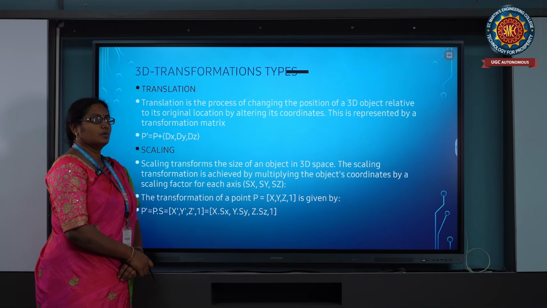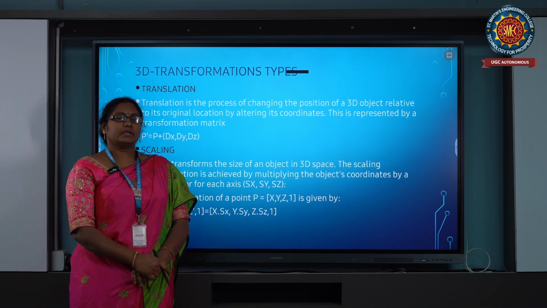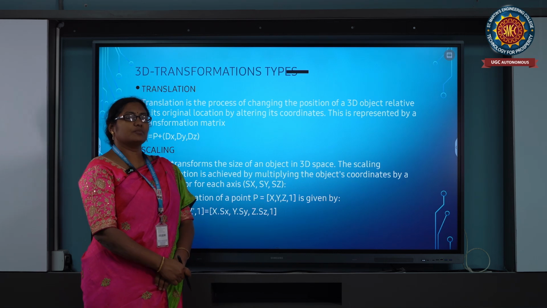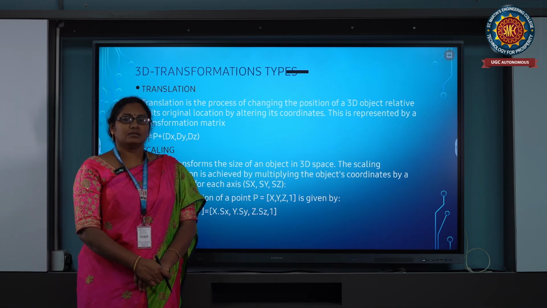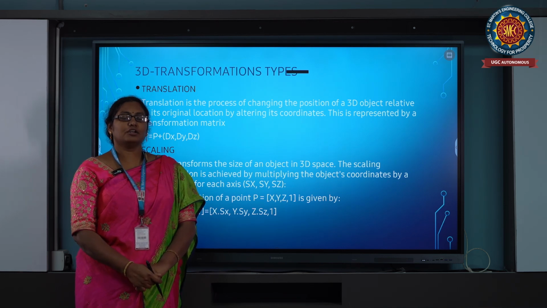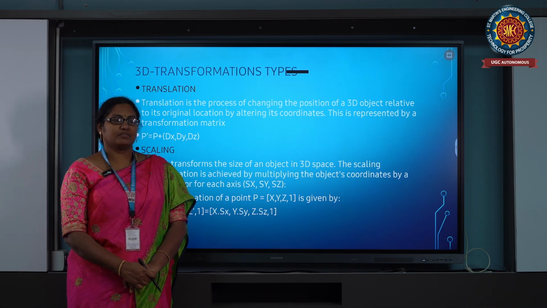Finally, in computer graphics we can apply these transformations. What are the transformations we have observed here? Translation, rotation, reflection and shearing. These are mainly the basic transformations in computer graphics.